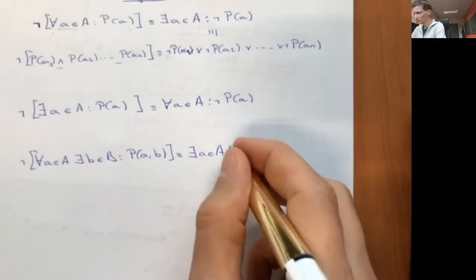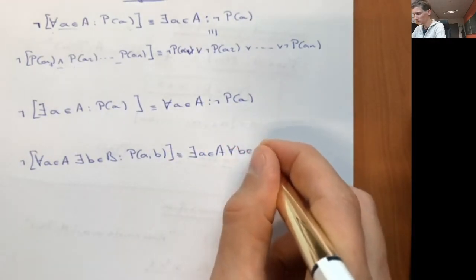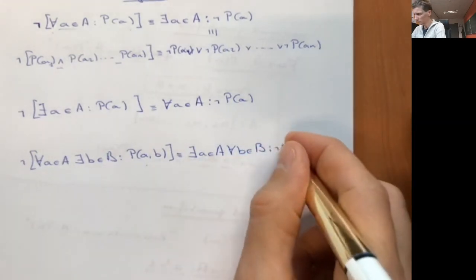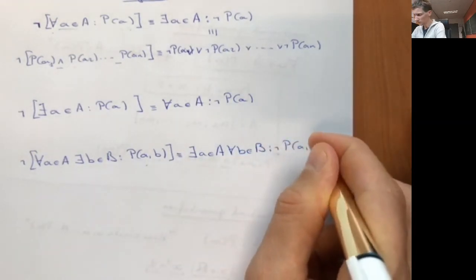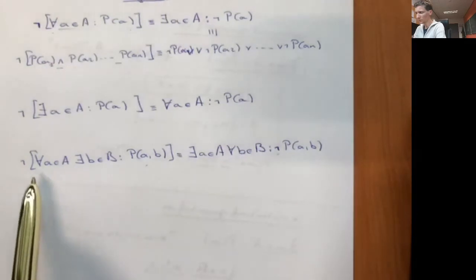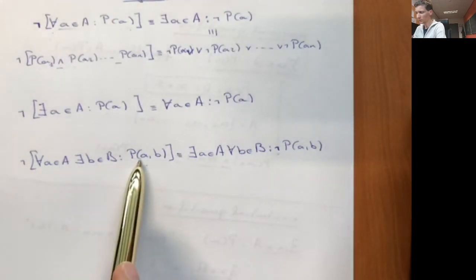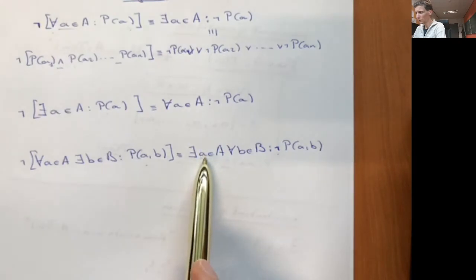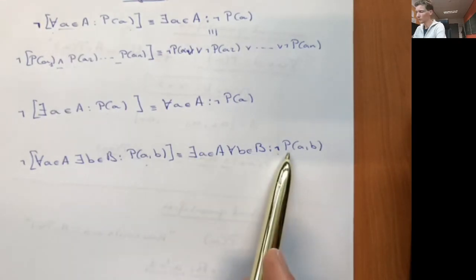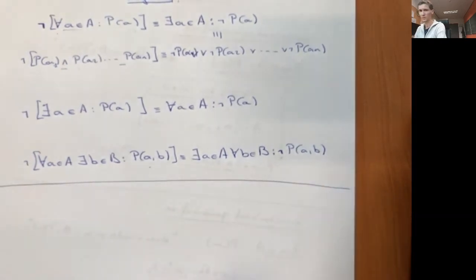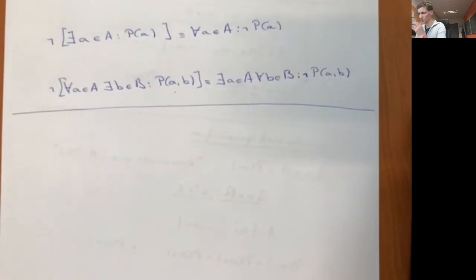You change the existential into a universal one. And then you have to negate the premises. Okay, so if it's not the case that for all A there exists a B such that P(A,B), then there should be an A such that for all B, P(A,B) is false. Okay, so this is how you negate formulas with quantifiers.